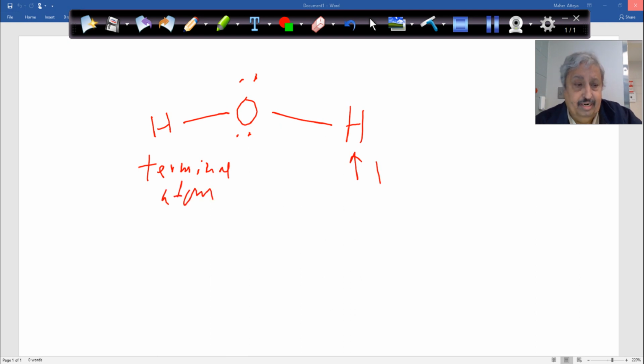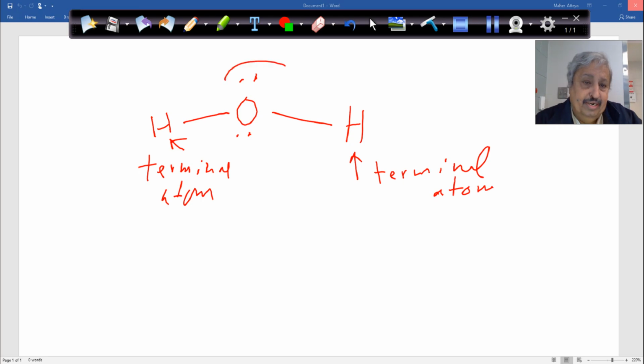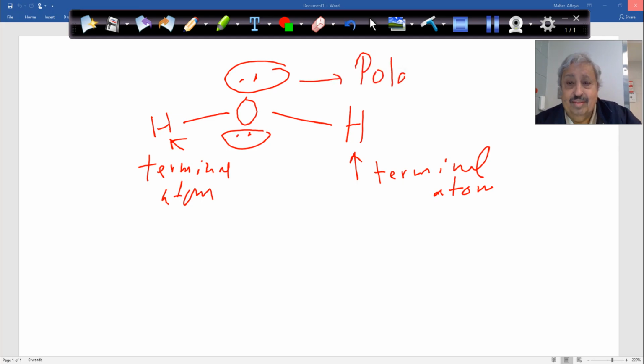This is another terminal atom. The presence of the lone pair is forcing the molecule to be polar. So any molecule that has a central atom with lone pairs will be polar.